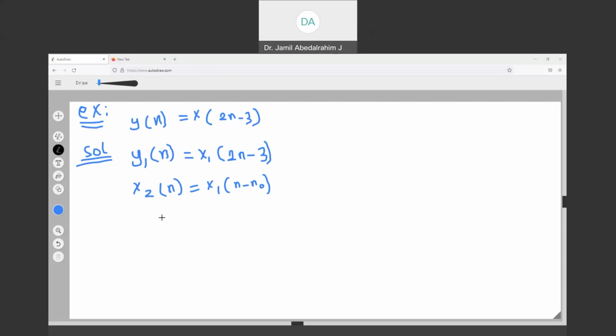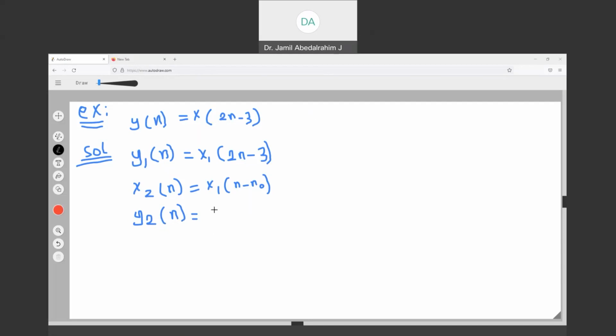Now, the third step. Since I have a second input, x2 of n, I must have a second output, y2 of n. So y2 of n equals what? It equals x2 of the same original equation, because the second output is the same as the first output.